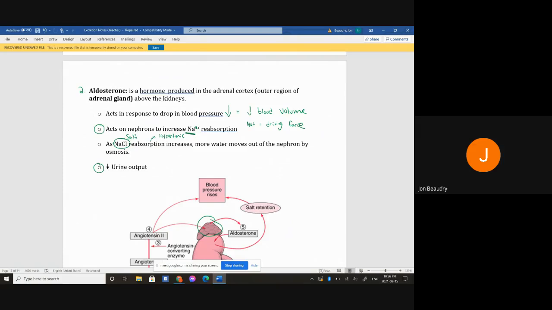So water is going to move out passively via osmosis to try and cancel out and redistribute those sodium chloride particles. The end product is this: I have a decreased urine output because I have more reabsorption happening. Decreased urine output, increased reabsorption.